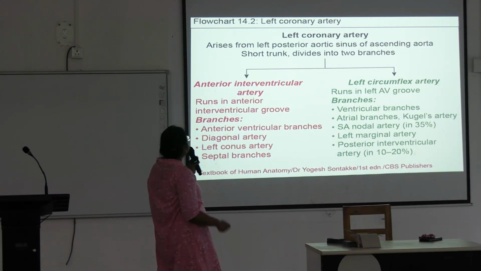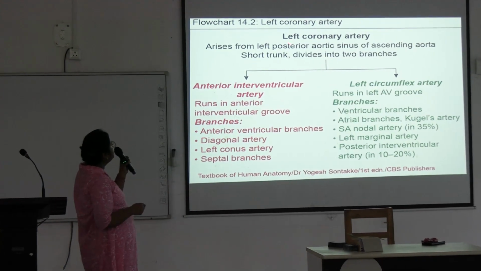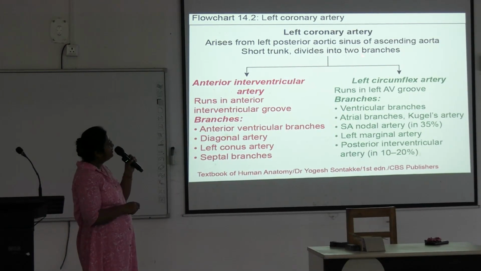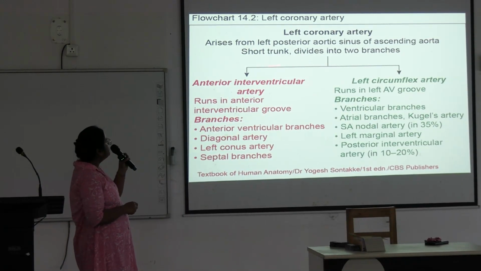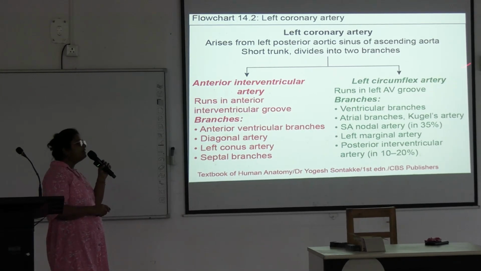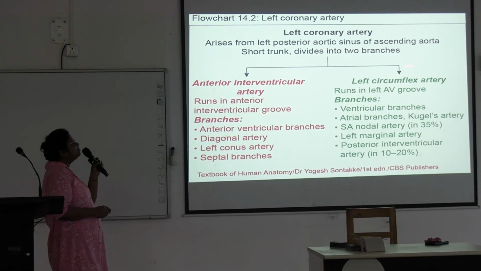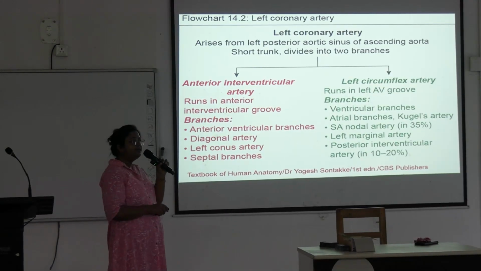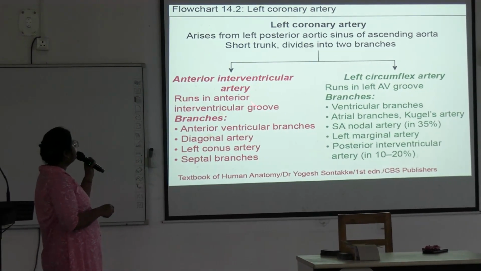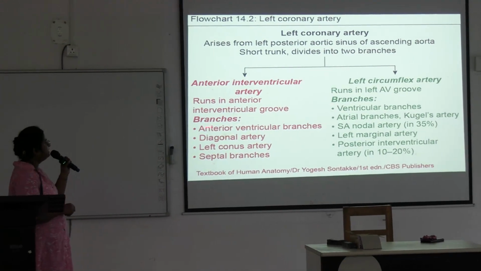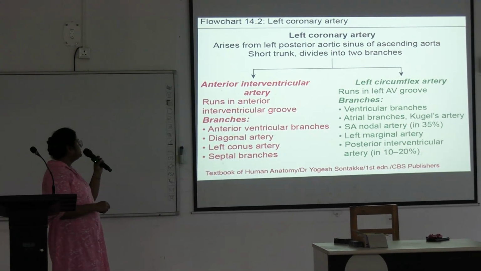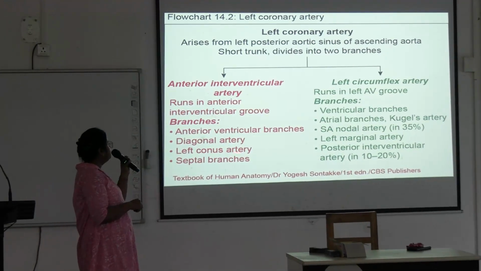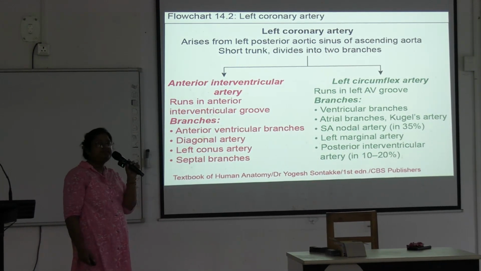Next, so these are the branches of the left coronary. It arises from the left posterior aortic sinus of the ascending aorta. It has a short trunk and then divides into two branches, anterior interventricular artery and left circumflex artery. The anterior interventricular artery runs in the anterior interventricular groove and these are the branches: anterior ventricular branch, diagonal artery, left conus artery, septal branches.